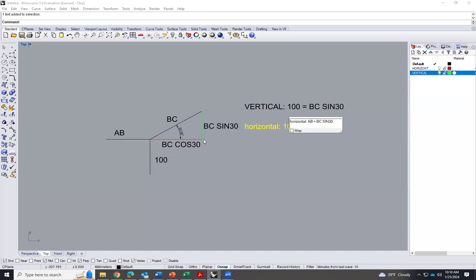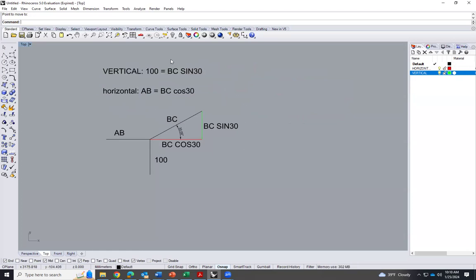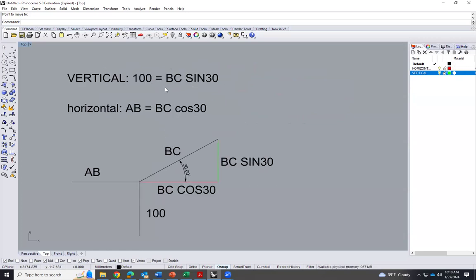What goes rightwards is BC cosine 30. These are the equations of equilibrium. And we have two unknowns, AB and BC. We have two equations. So here, this one is pretty straightforward because we can calculate BC.